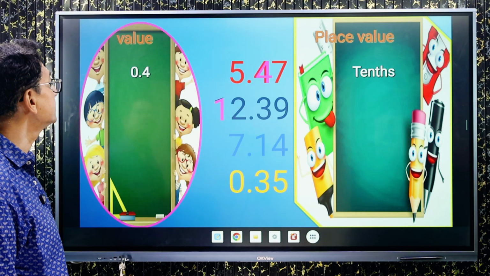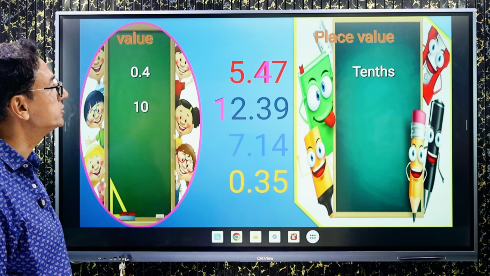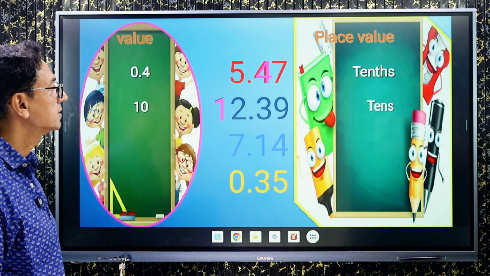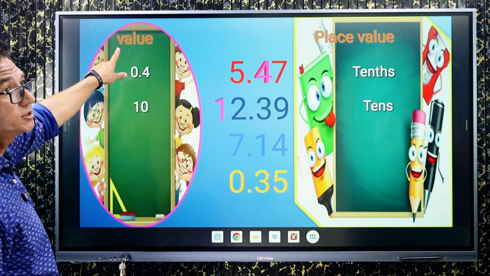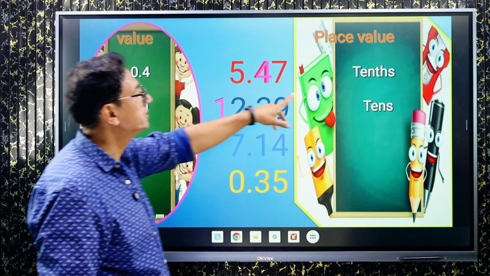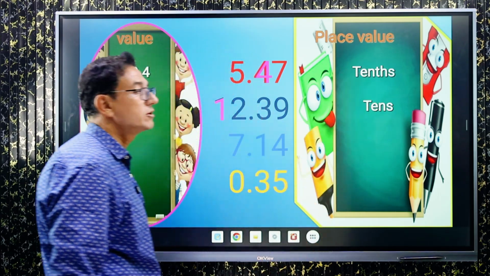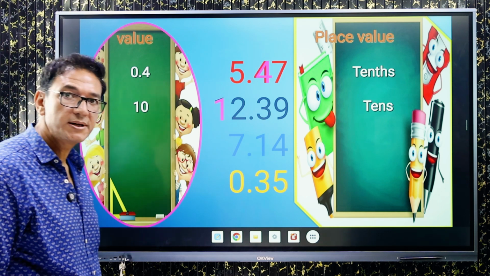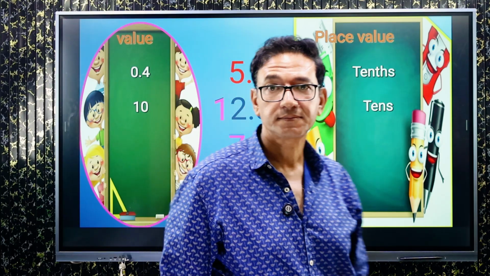1, its value is 10 and its place value is tens. Here we write 10 in digits because we are talking about the value, and here we write tens in letters because we are talking about the place value. Let's talk about 7.